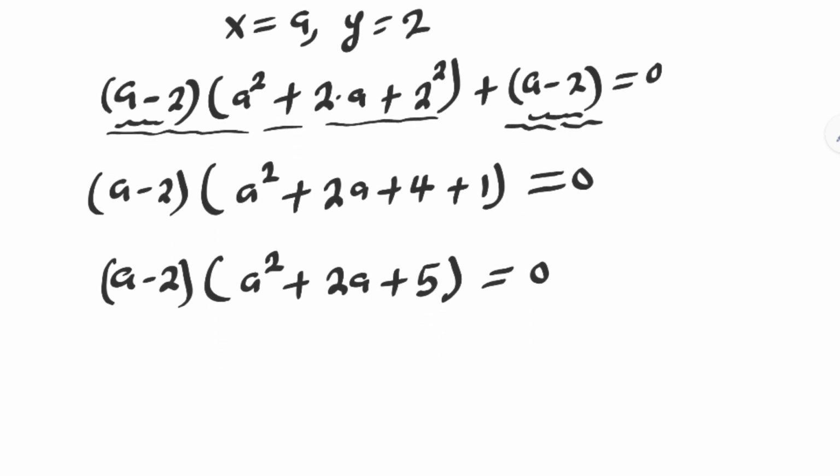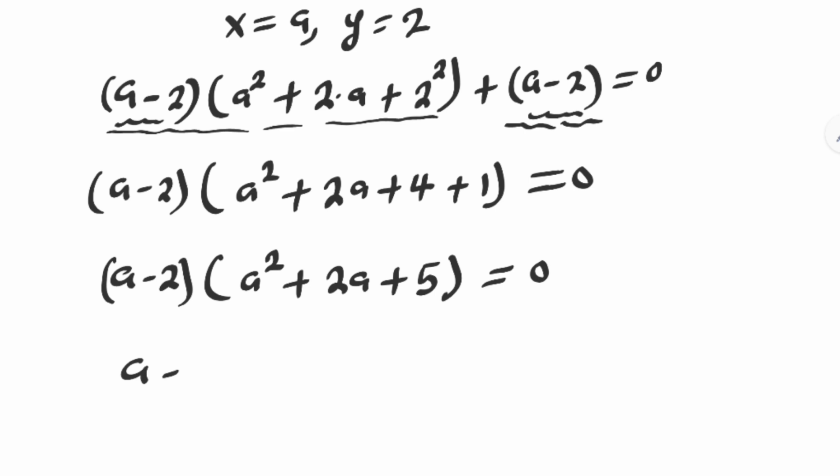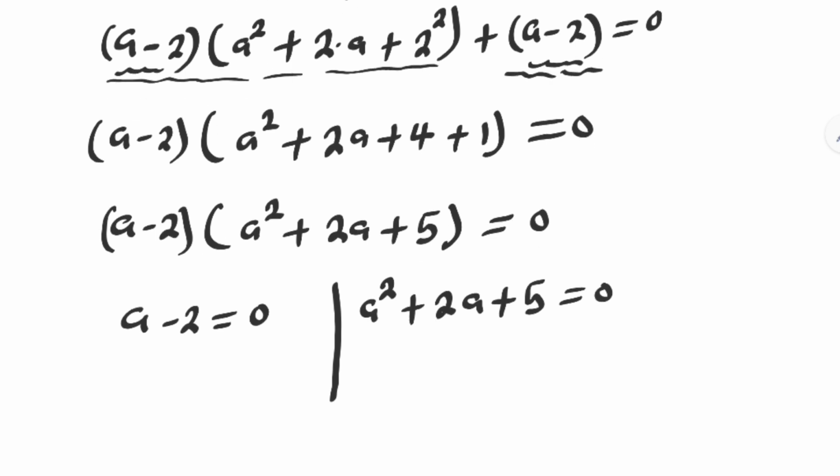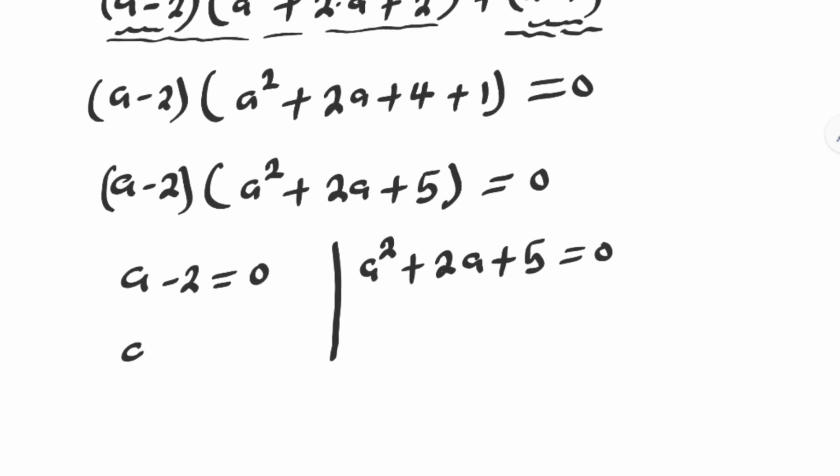Now here, there are two cases. The first case is a minus 2 is equal to 0, and the second case is a square plus 2a plus 5 is equal to 0. Now from here, a is equal to 2.